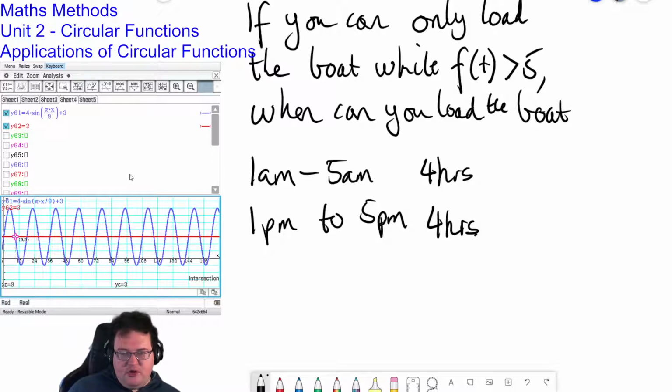So 0, 9, 18, 27, 36. So it's basically running down the 9 times table. But if I was to ask you what 45 means in the context of the question, how would you answer that?